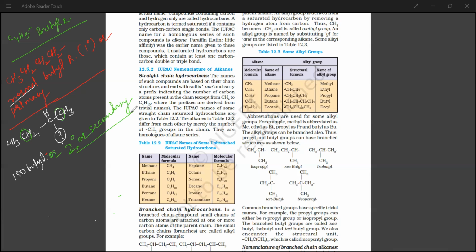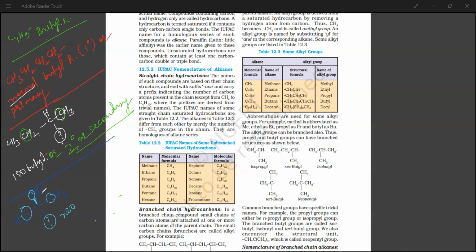Now see, we can write it like this too. See here, that carbon which is having the empty site, vacant site, is further attached with 1, 2, and 3 carbon atoms. So I am writing here butyl.